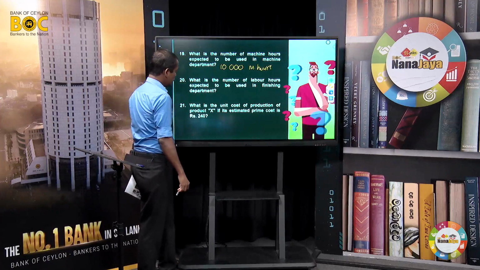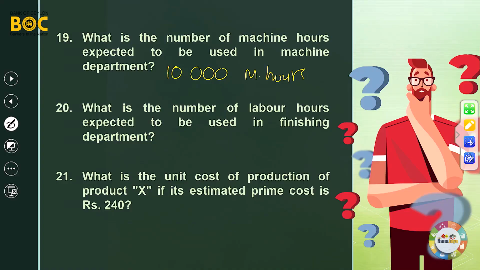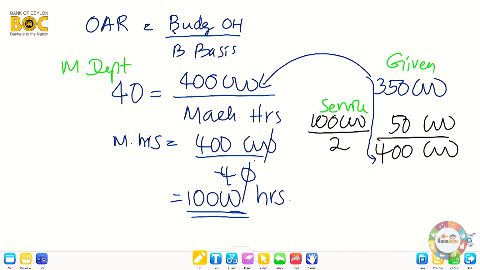So question number 20. What is the number of labor hours expected to be used in the finishing department? So we have the overhead absorption rate. How do you calculate it?